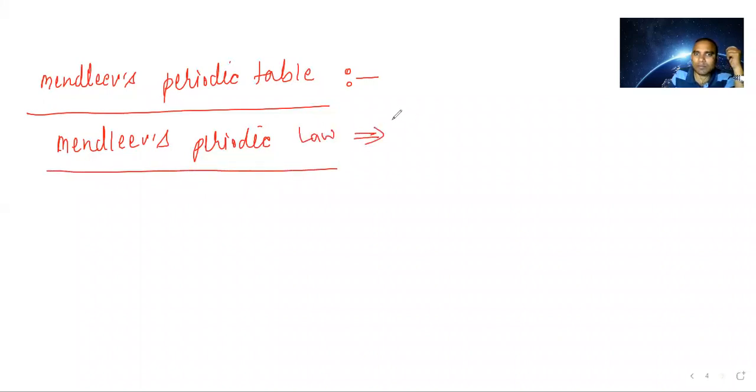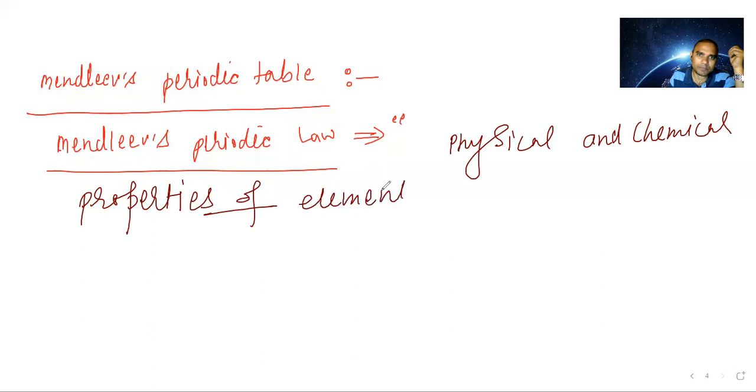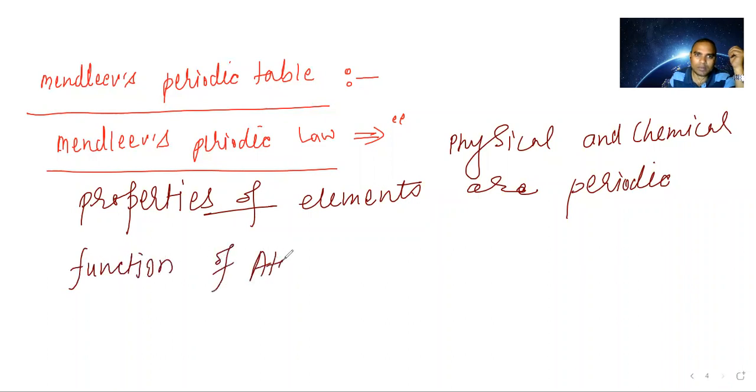What the law states is that the physical and chemical properties of elements are a periodic function of atomic mass.